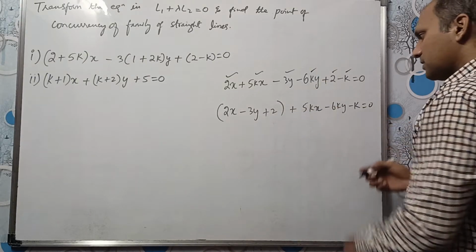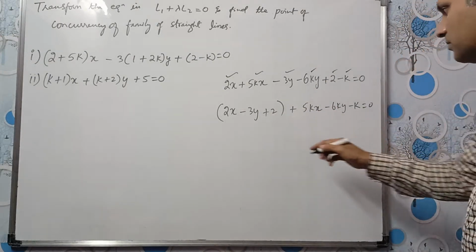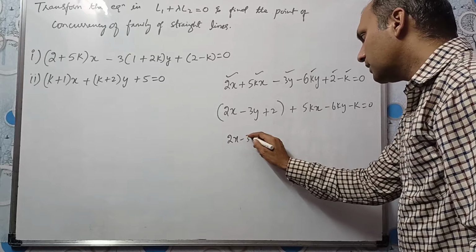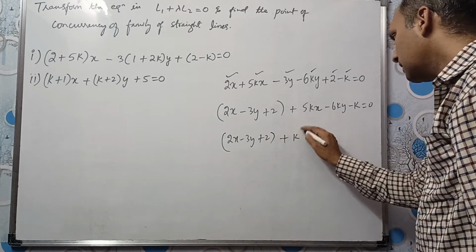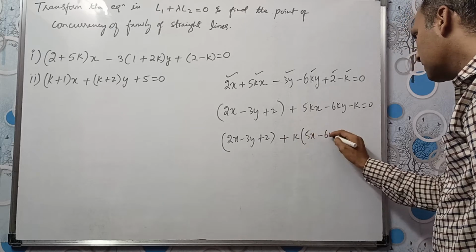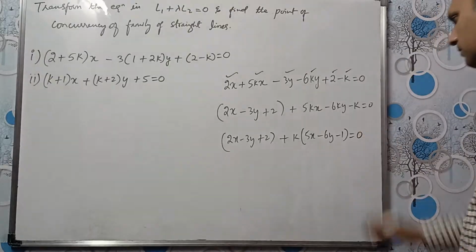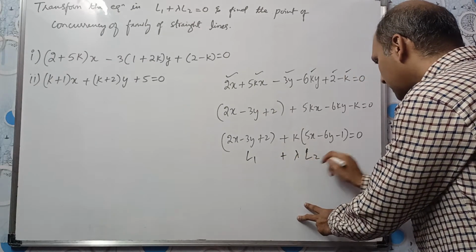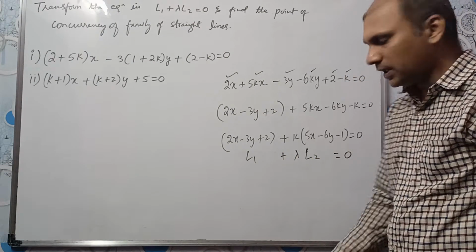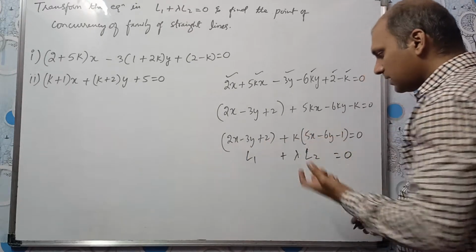So all 6 terms we wrote. Can we take k common from this? Yes. So it is like this, plus k multiplied by 5x minus 6y minus 1 is equal to 0. So see, this is of the form L1 plus lambda L2 is equal to 0. So this is the first line, this is the second line.